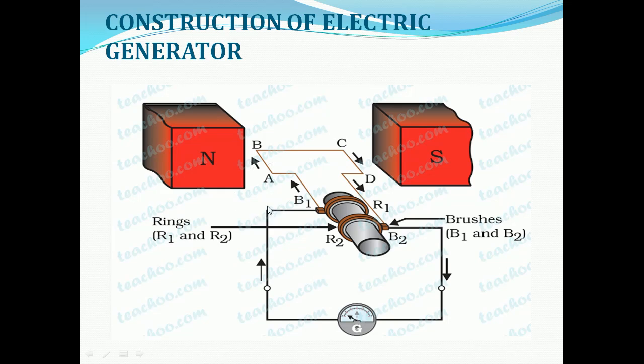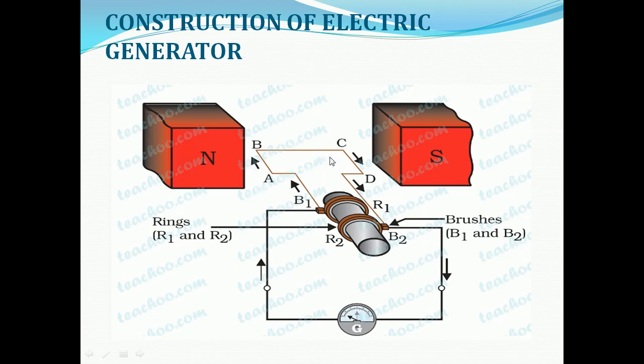Once again, the electric generator consists of the rectangular coil ABCD and two magnets. The north pole of the first magnet faces the south pole of the other magnet, and the coil is placed perpendicular to the magnet.